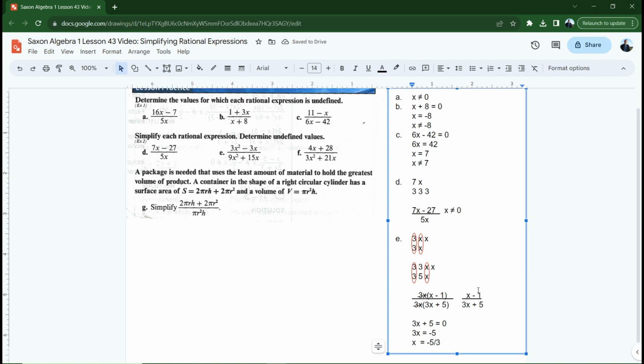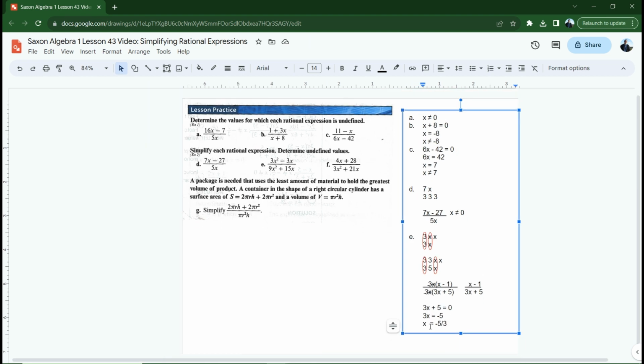And what that means is that my x value cannot be negative 5 over 3. So I have to actually state that in better terms. Because remember, I was just calculating what x had to equal to make it 0, but what I really should say is x cannot equal negative 5 over 3. Otherwise, it's going to be undefined.